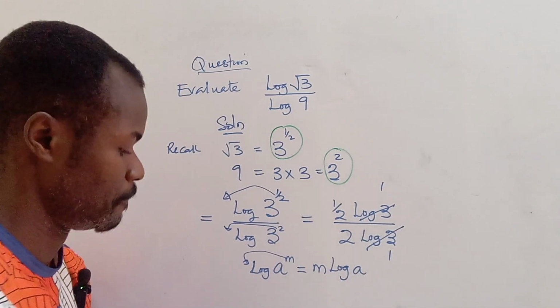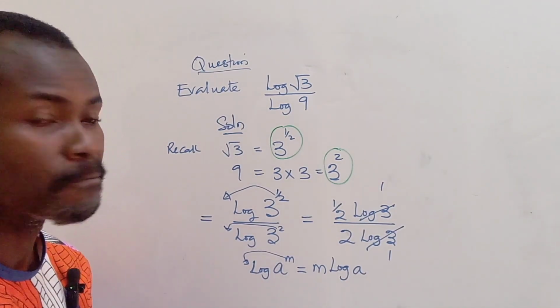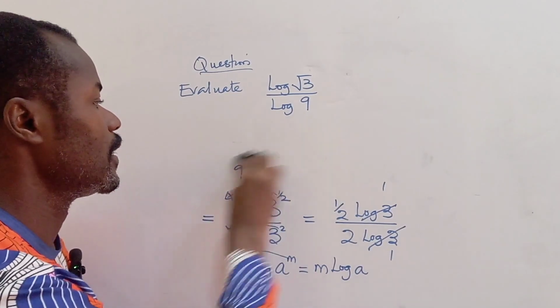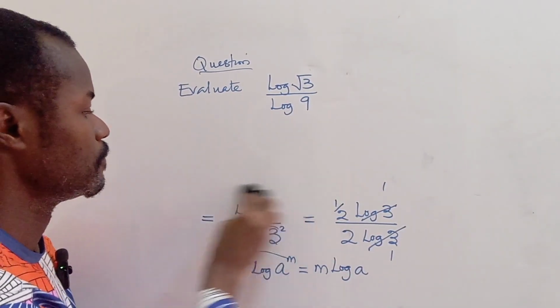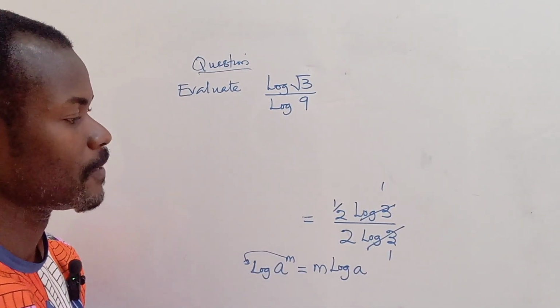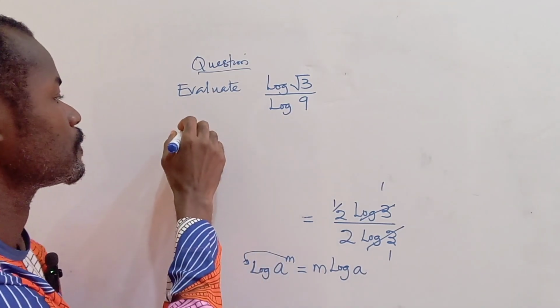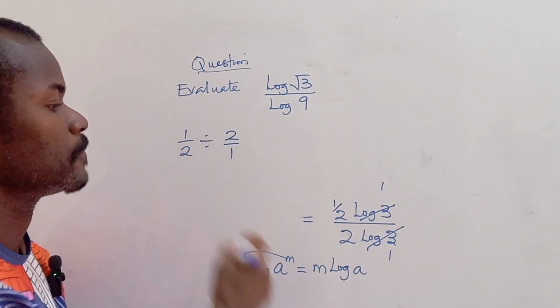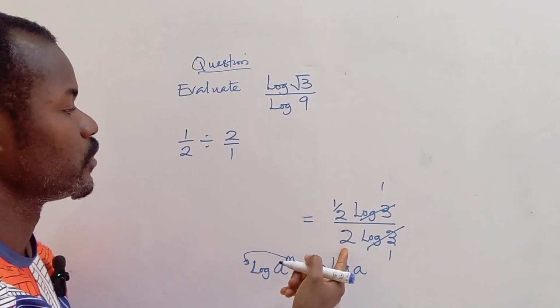This is 1, 1. So we are simply left with half divided by 2.